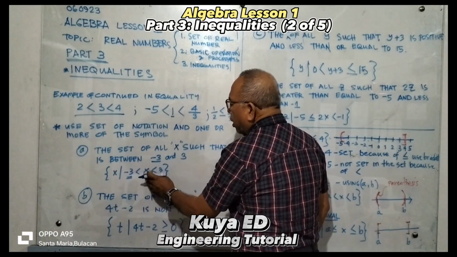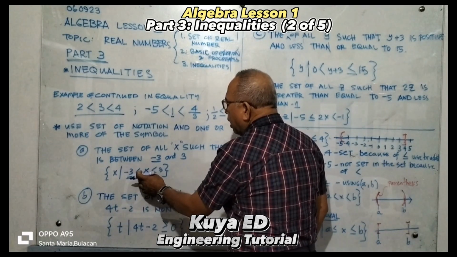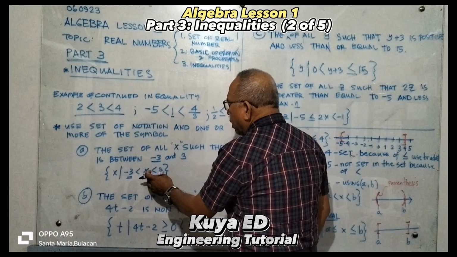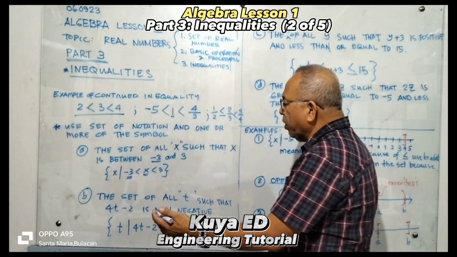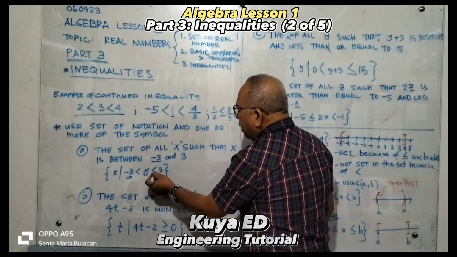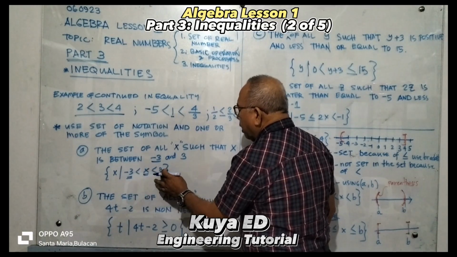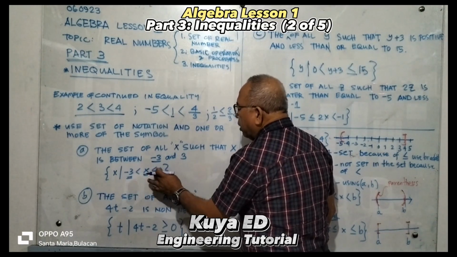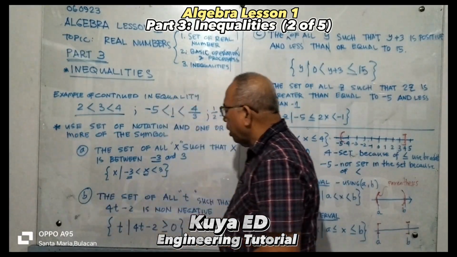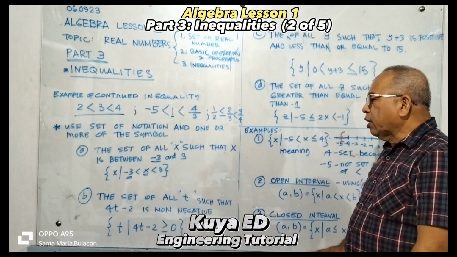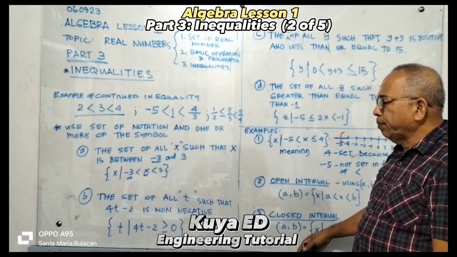That's why we put negative 3 is less than x. And at the same time, since in between siya, nasa gitna siya, we put now less than also because of course, x is less than 3 or 3 is greater than x. That's why this is now our expression or interpretation of the given statement.